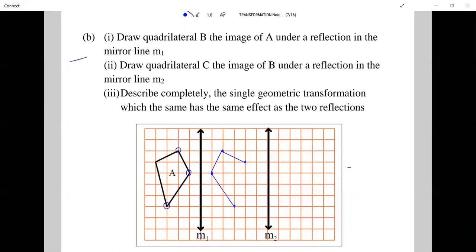Please be careful to do this properly. I might not be 100% accurate. A is the object and B is the image.